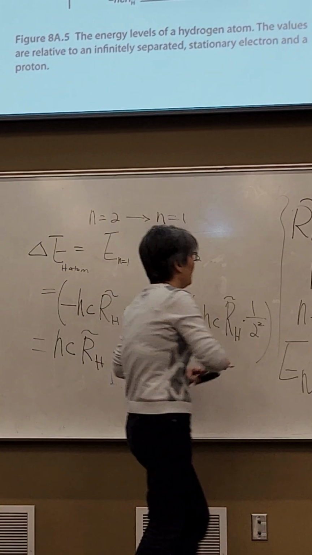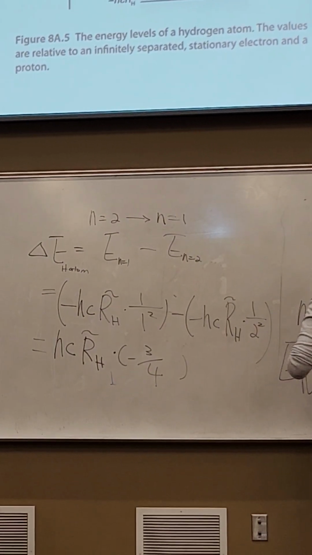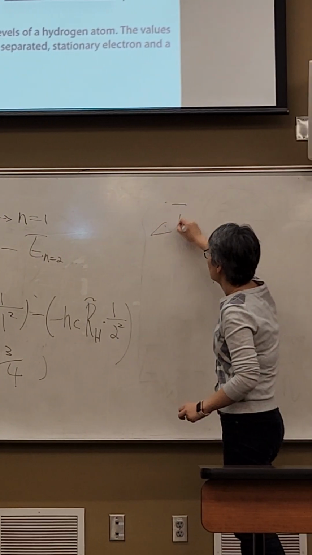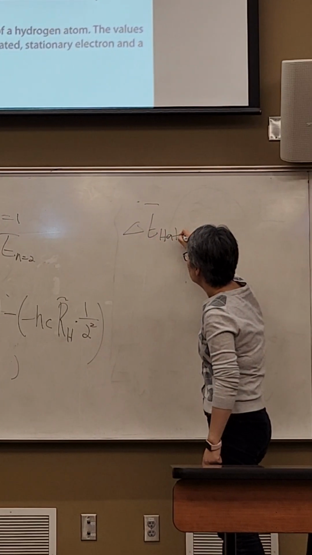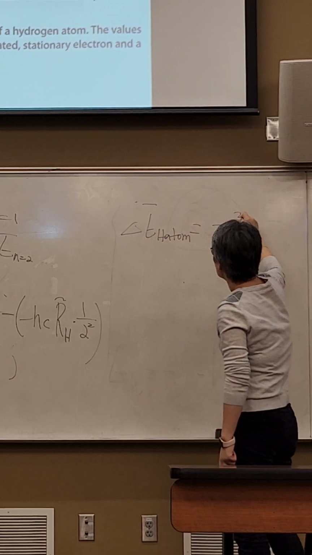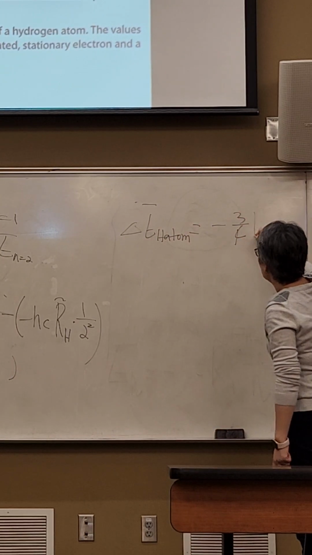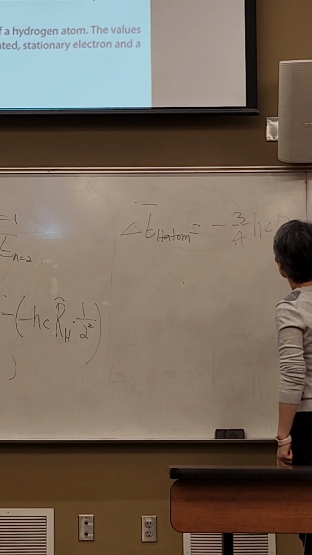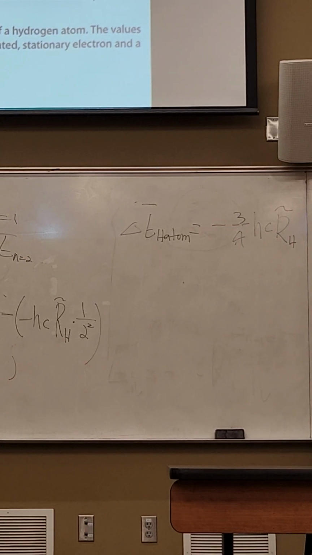Now, how am I going to know what frequency of light will be released? The energy difference for your hydrogen atom equals negative 3 over 4 hc times the Rydberg constant.